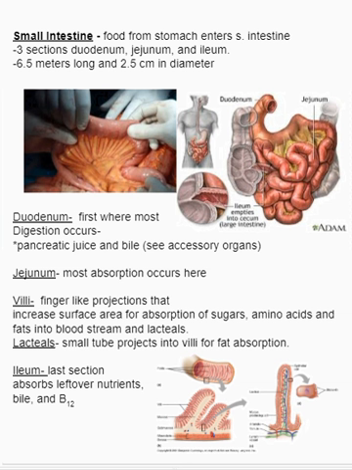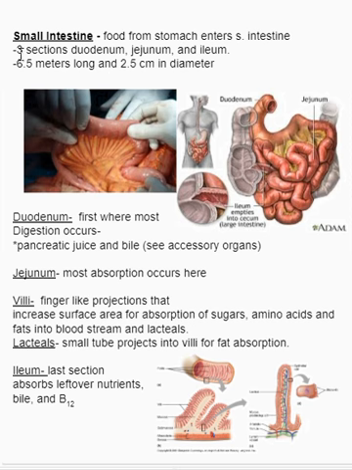So once food moves from the stomach into the small intestine, this is where a lot of the magic is going to happen, because the small intestine is responsible for the majority of the digestion of the food nutrients into their basic building blocks, and it's also going to be responsible for the majority of the absorption of nutrients.